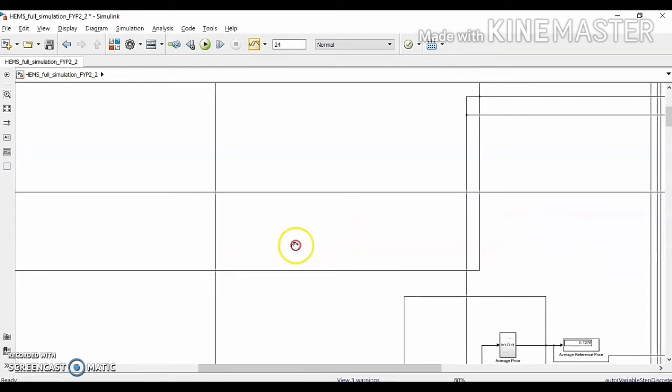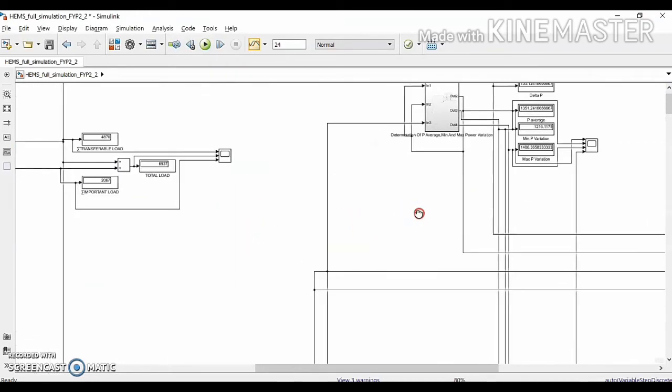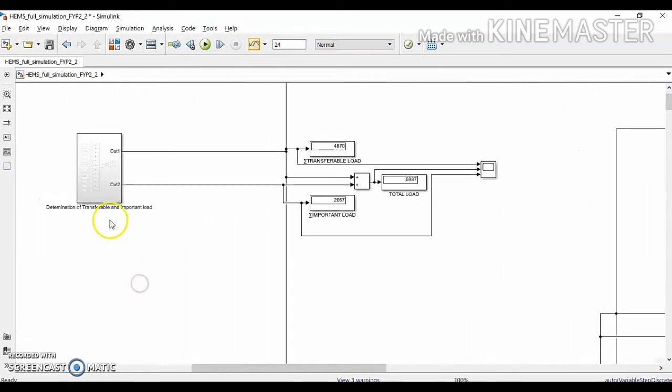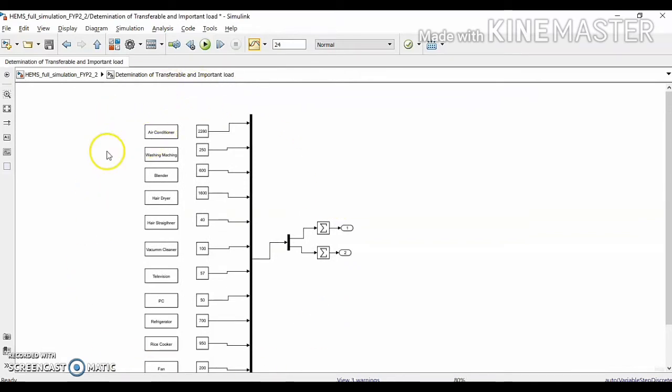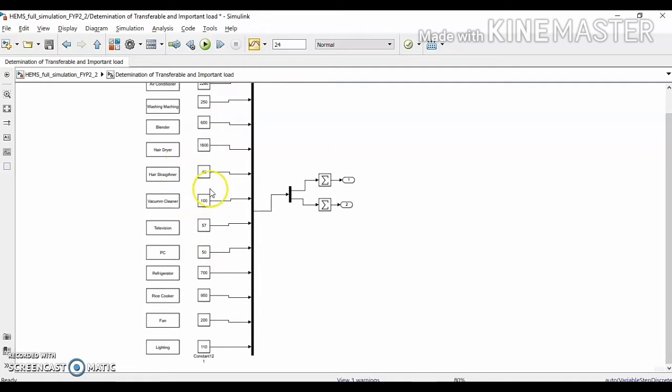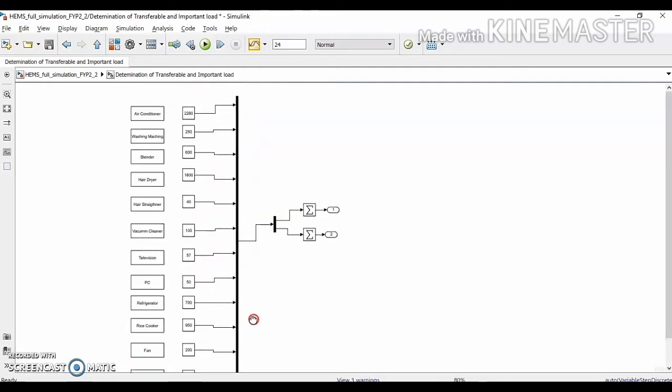So we go to the next part. The next part is determination of transferable load and immutable load. This is about the type of loads. For the air conditioner, I have put 3 air conditioners. The power consumption of an air conditioner is 760 times 3, so the total is 2280, and so on.